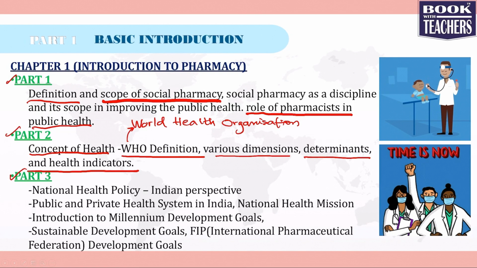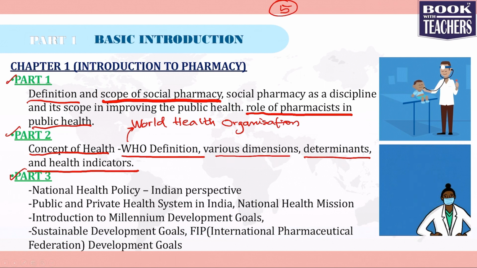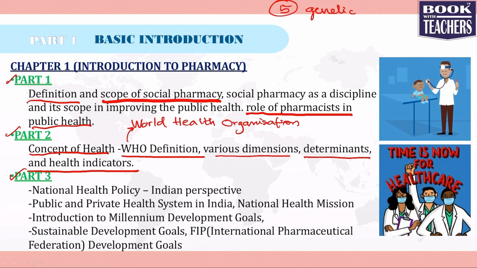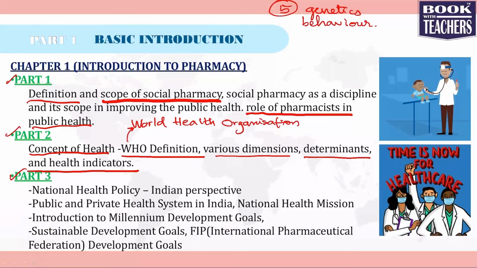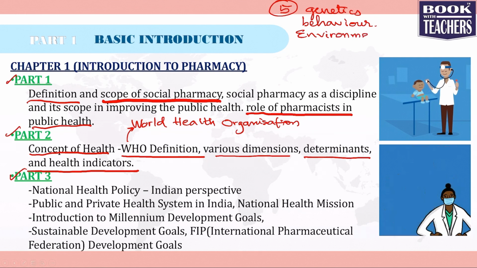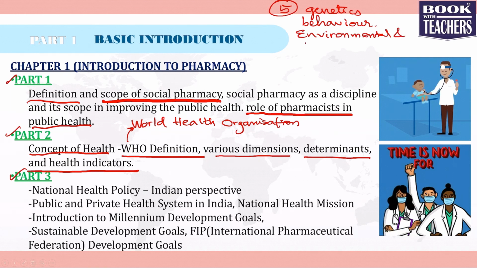So what do I mean by determinants? See, health is influenced by many factors, which may generally be organized into 5 broad categories. In this, our first category is genetics. Our second is behavior. Third is environmental and physical influences.